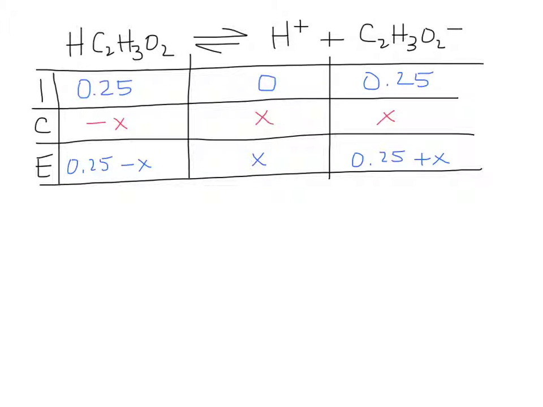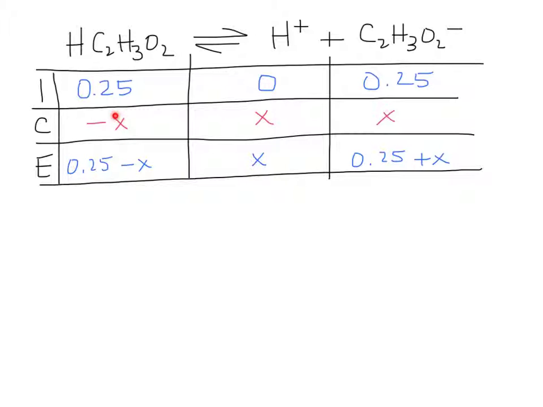Now here's where we can also make some assumptions based upon relative concentrations. We know that this amount X is going to be very, very small, again, because the Ka of acetic acid is very, very small. Now we have to think, where would this matter? Where would this small amount not matter?